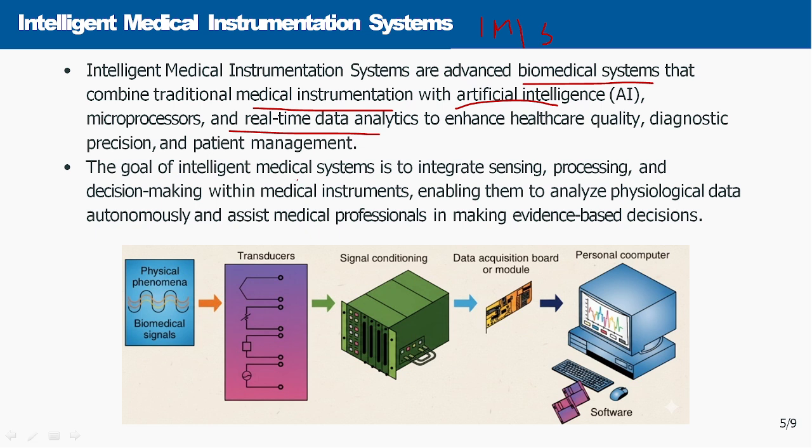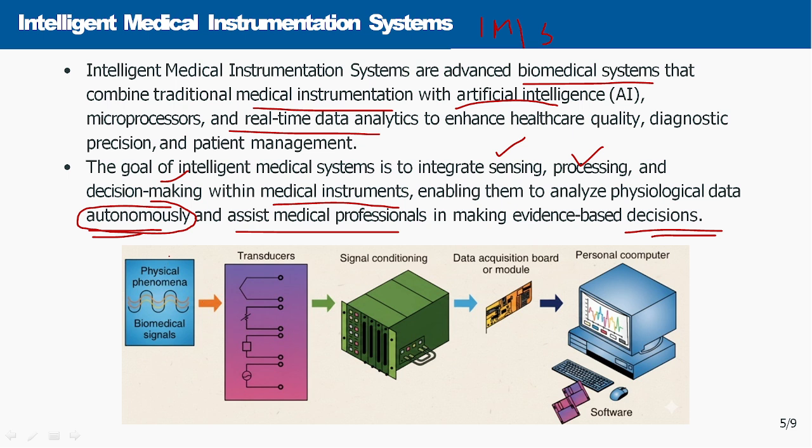The goal is to integrate sensing, processing and decision making within medical instruments, enabling them to analyze physiological data autonomously, independent of human intervention, and assist medical professionals in making evidence based decisions. So both things are important. Intelligent means it has the capability of taking automatic decisions.